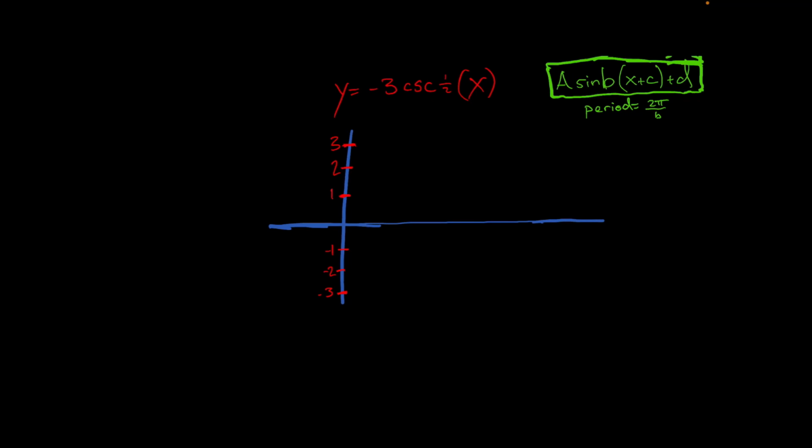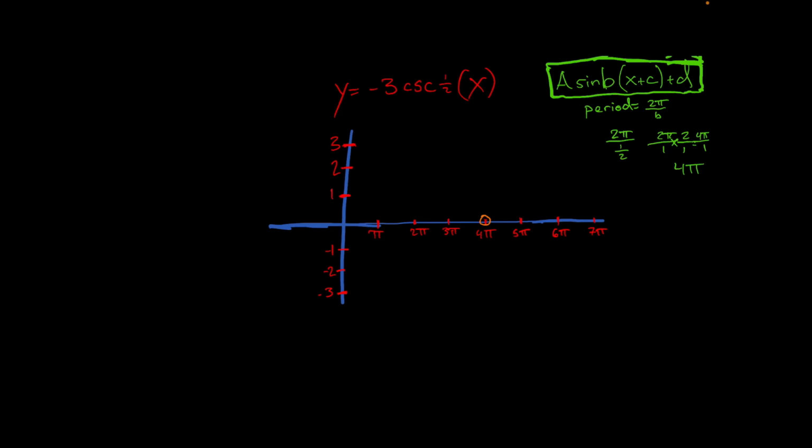So now we have, as our period, 2 pi divided by 1/2, which is 2 pi over 1 times 2 over 1, and then we get 4 pi over 1, or just 4 pi. So our period is 4 pi.